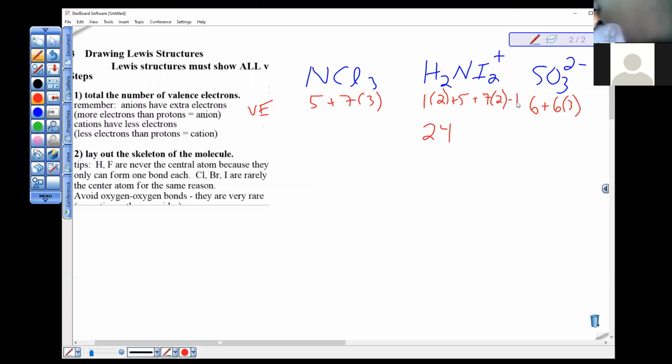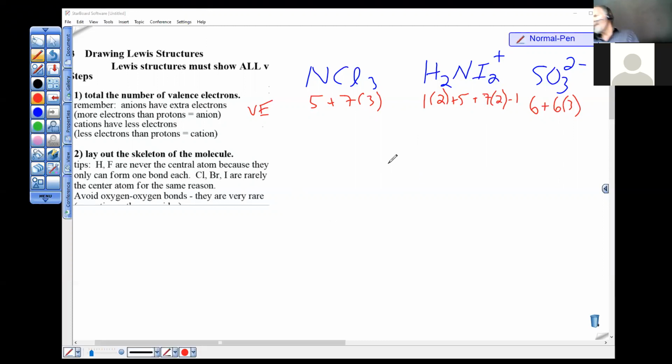Minus 1, you have 1 less electron than the atoms brought into the game. Did I do that right? I don't think I did that right. 2 plus 5 is 7, plus 14 is 20. Oh, my math is terrible. That's bad news on our test because we're not allowed to use calculators.